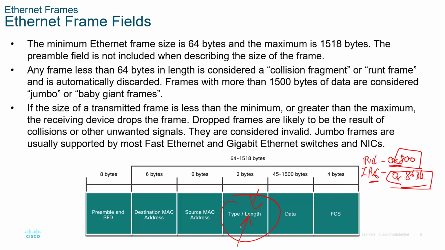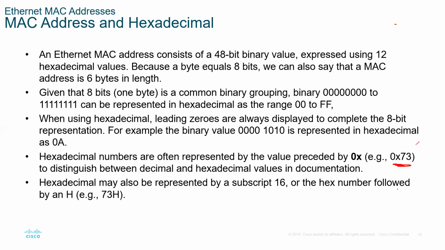Of course, the devices will be seeing the binary values of it. But for demonstration purposes for us, these are the values that will be showing in hexadecimal. So what I'm just saying is if you see a value with the 0 and the x as the prefix, it means that value is a hexadecimal value. If you see as well a value that has an h at the end, it also means it's a hexadecimal value.